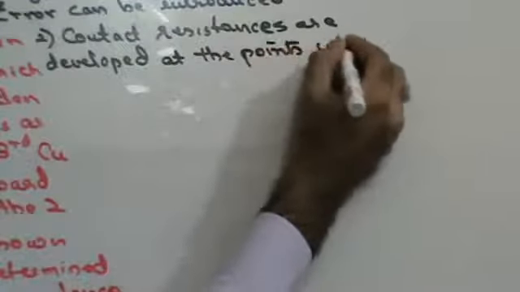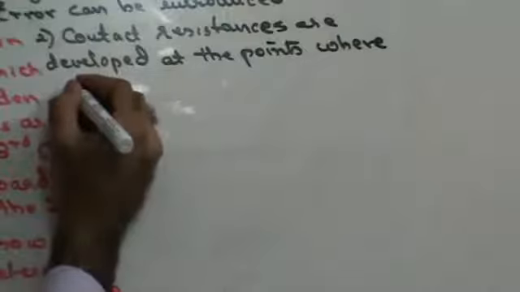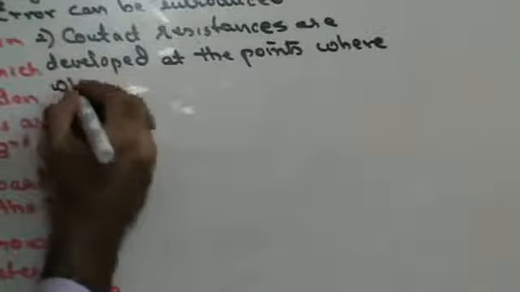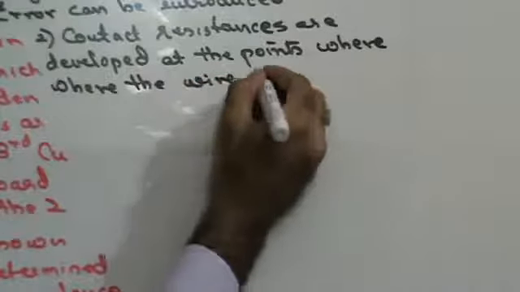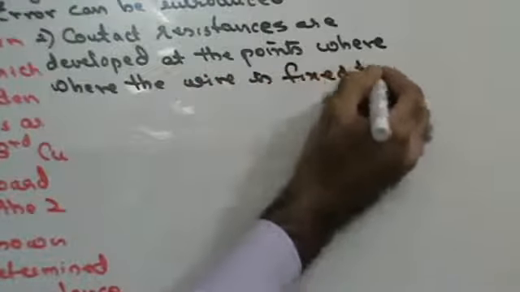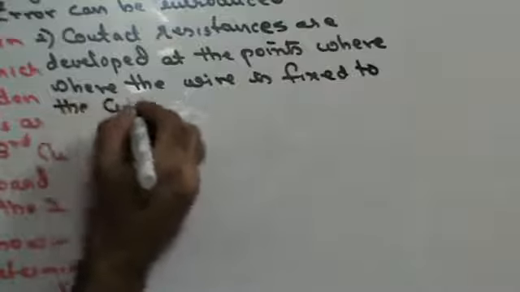Contact resistances are developed at the points where the copper strip and wire are in contact, or where the wire is fixed to the copper strip.